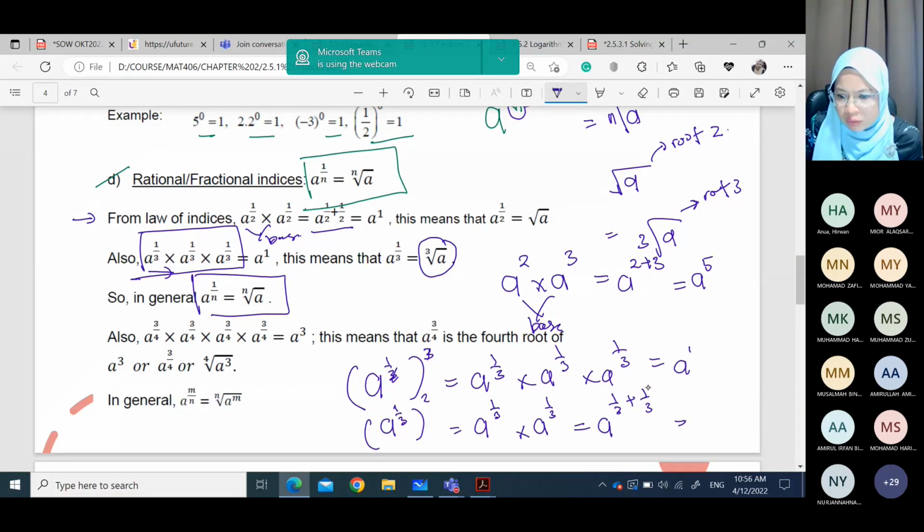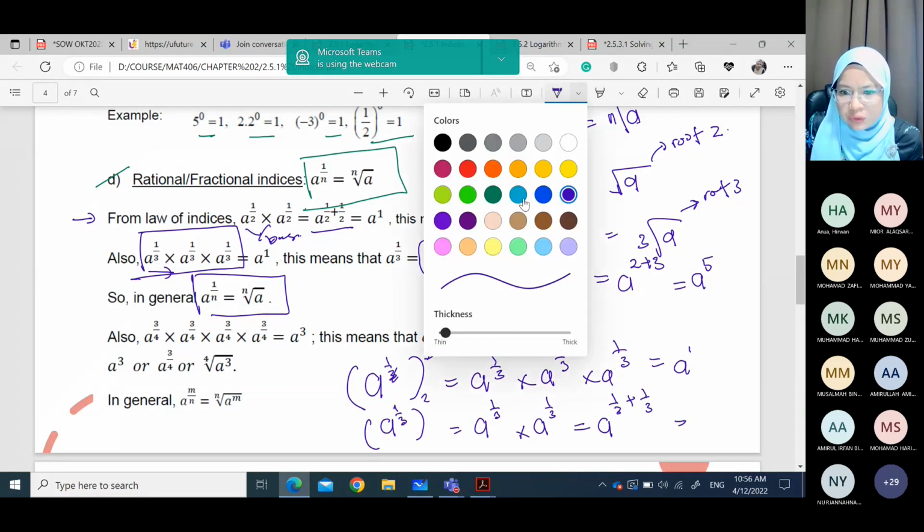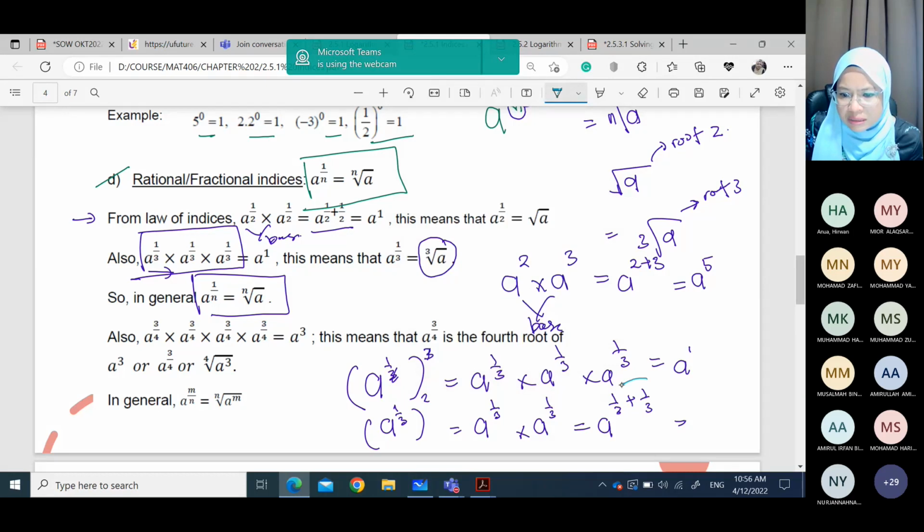Okay. So bila selesaikan untuk indeks yang kat atas ni, you akan dapat A kuasa 2/3. Okay, instead of this one, kita juga boleh gunakan method yang ini, which is kita darabkan power 1/3 dengan power yang keseluruhannya, which is 1 over 3 times 2. So we have A to the power of 2 over 3.